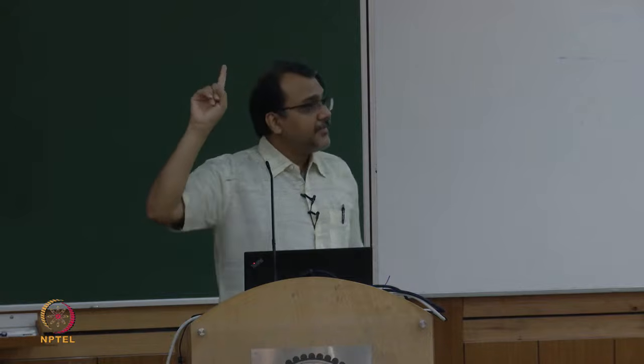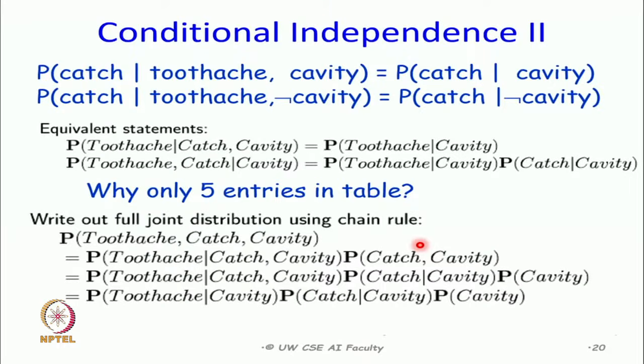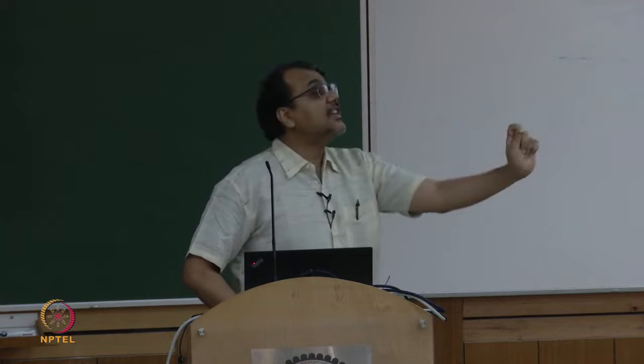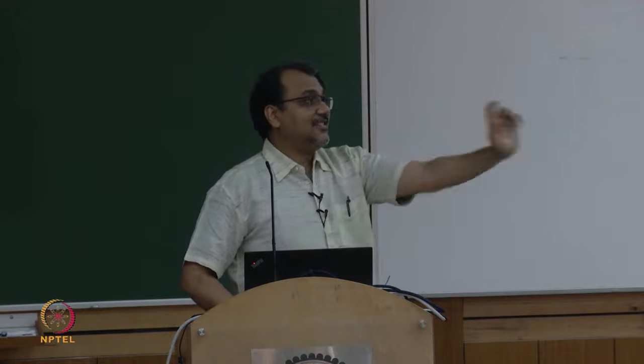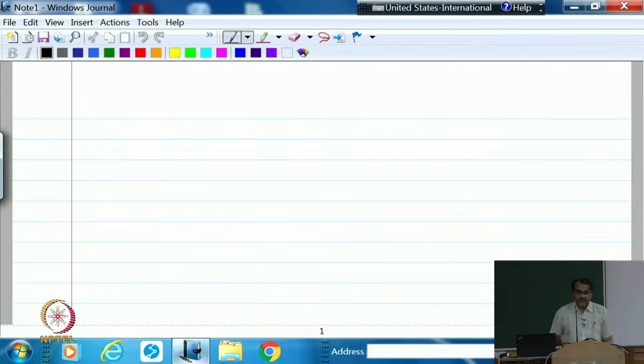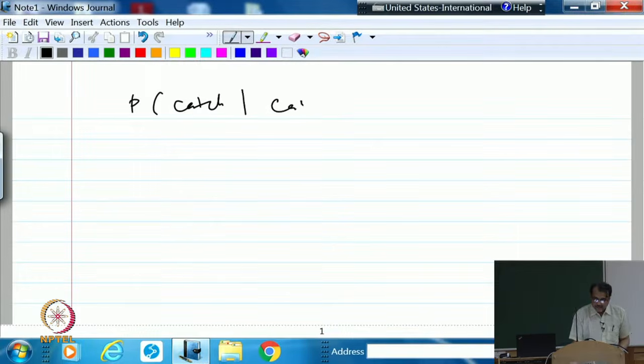Everybody with me? Now, and this is an important question, how many parameters do I need to represent probability of catch given cavity? Now, what are the possibilities?